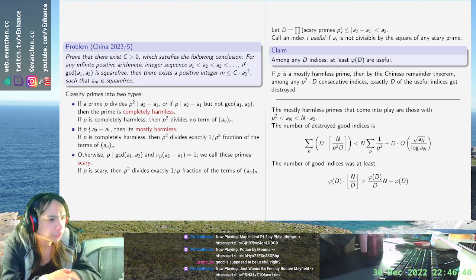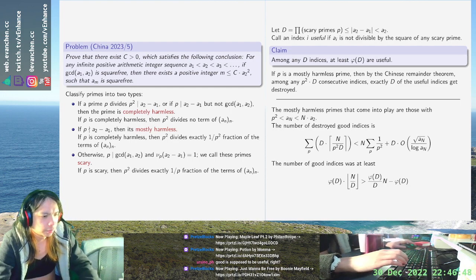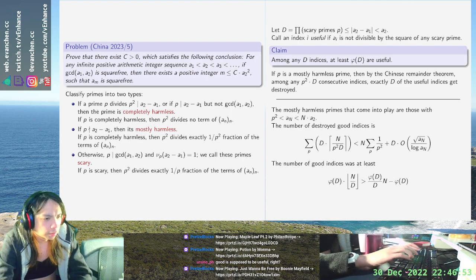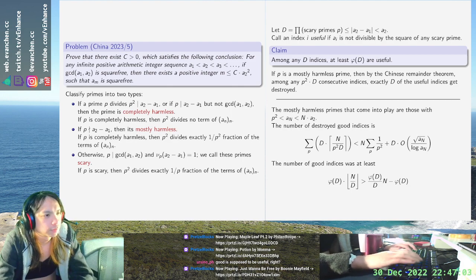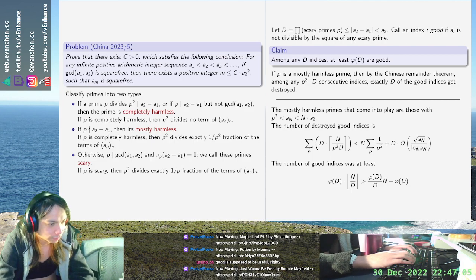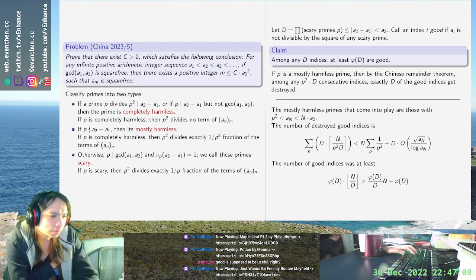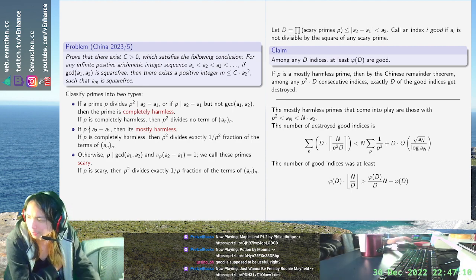Good is supposed to be useful, right? Yeah, sorry. I think I just can't call them good. All right, so I need this n to be like... That should be fine, right?